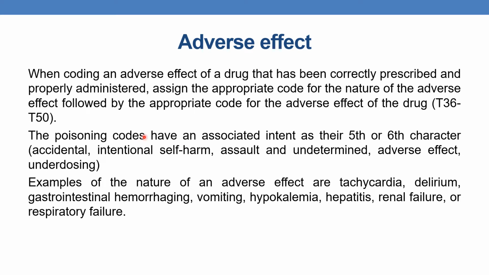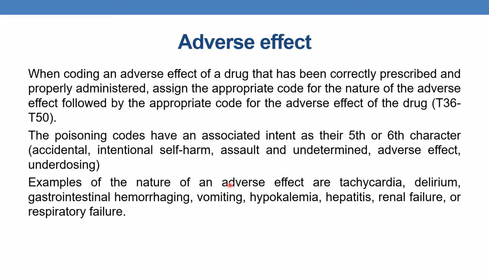Poisoning codes, in which the adverse effect is included, have an associated intent. That is the reason we said initially they are combination codes, which include the causative substance and intent, as their fifth or sixth character. In some cases it is the fifth character and in some cases the sixth, which govern whether it is accidental, intentional self-harm, assault, undetermined, adverse effect or underdosing.